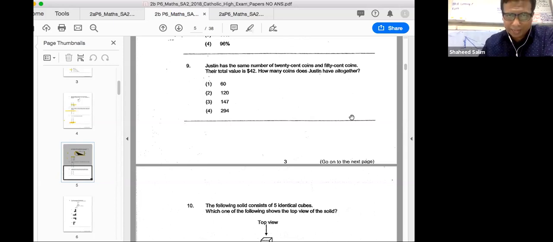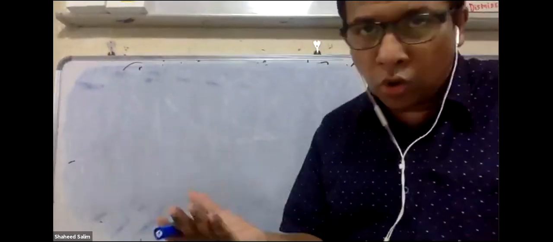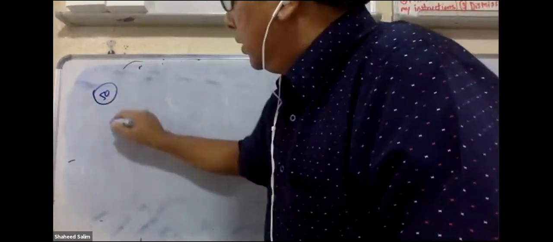You have 20 cents and you have 50 cents. Let us try now down here. I'll give you another question. Whenever you get stuck, you will notice that I will give you a simpler question. So imagine now you have, I do not know how many coins, but same number of 20-cent coins and 50-cent coins.